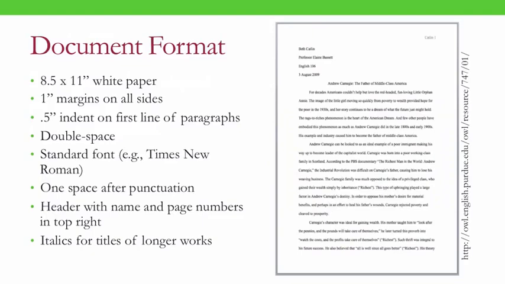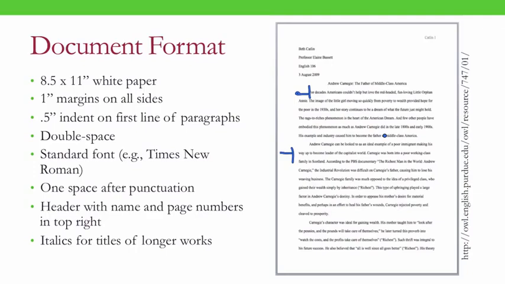First, the document format. We begin with an 8.5 by 11 inch white sheet of paper, 1 inch margins on all sides, and for each paragraph a 1/2 inch indentation at the very first line, typically double spaced, so equal space between every line of text. And we want to use a standard font.